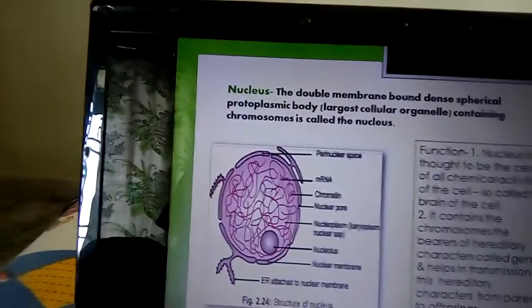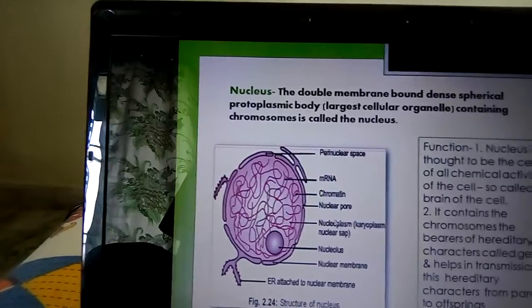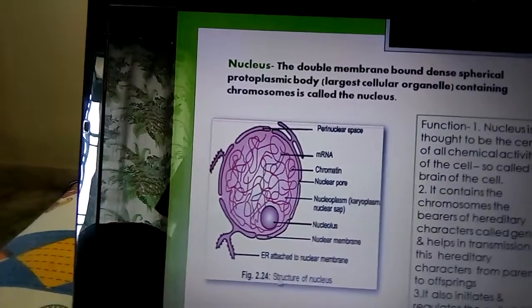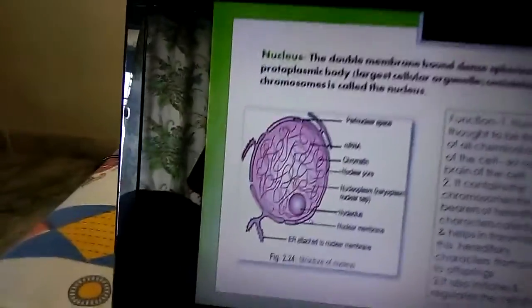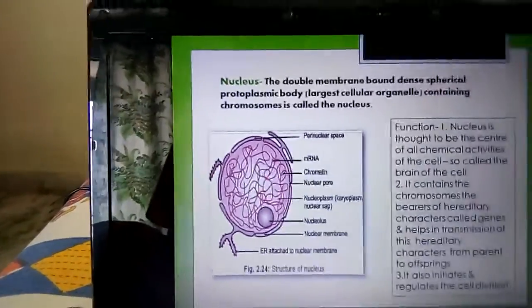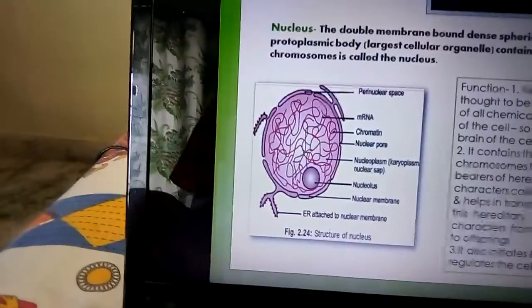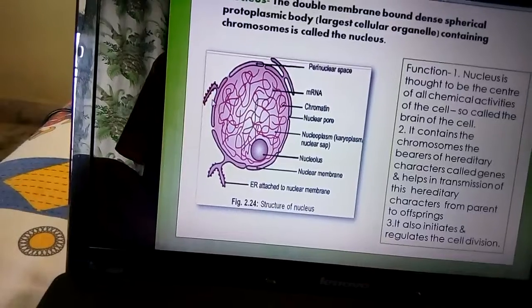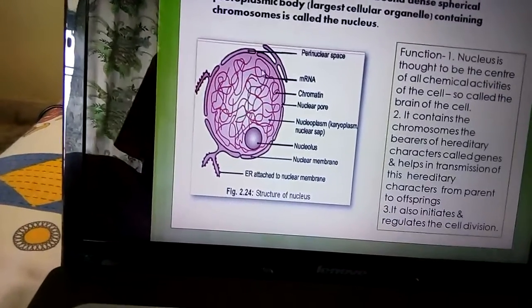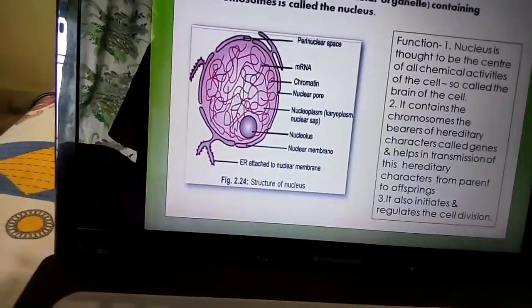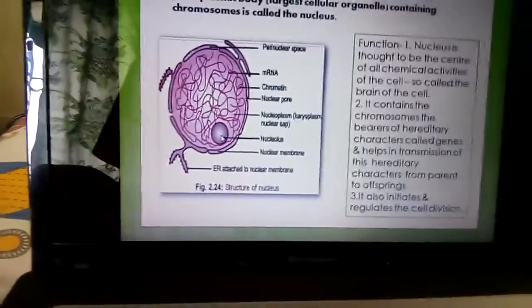Now we will learn about the structure of the nucleus. The nucleus consists of the following parts: nuclear membrane, nucleoplasm, chromatin reticulum and nucleolus.